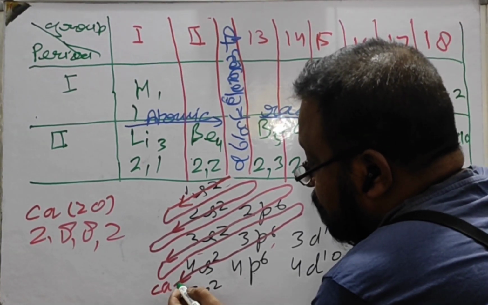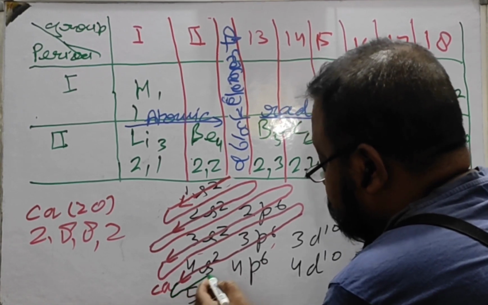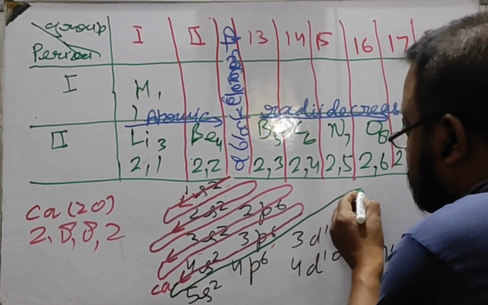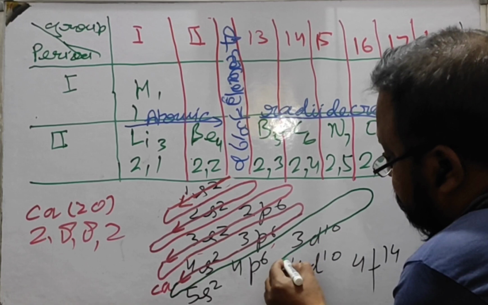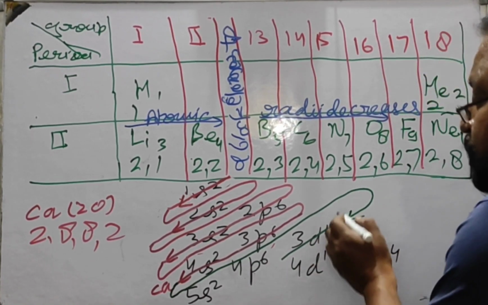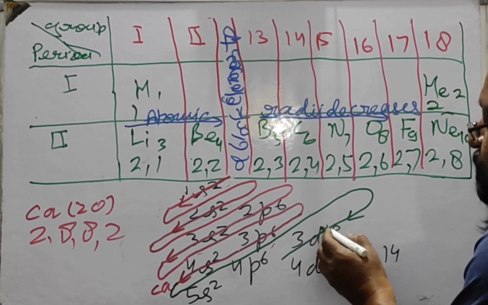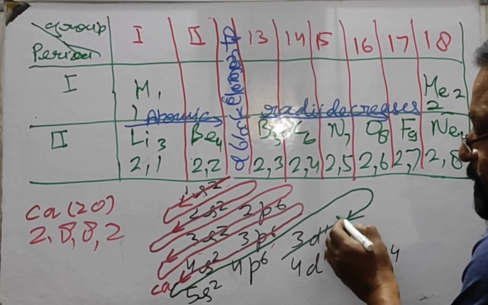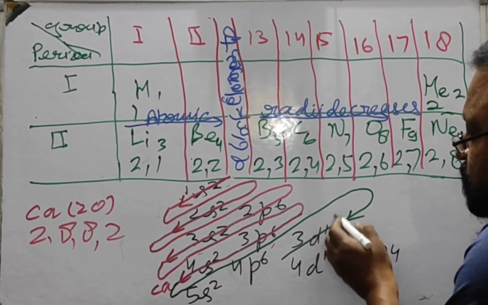After that, they go into 3d, right? They come like this, 3d, which is not in your syllabus. Iron, cobalt, copper come in this.